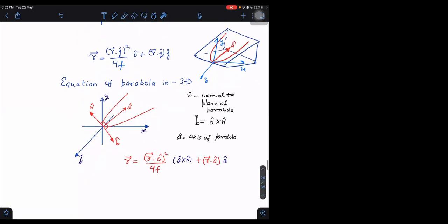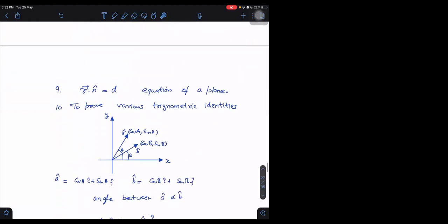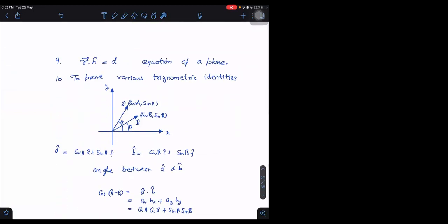So by this, I am able to write the equation of this parabola in 3 dimensions as well. Ninth, I'm taking the example r dot n cap is equal to d. This is the equation of a plane in 3 dimensions. Writing the equation of a plane is so simple. What is n cap representing here? n cap is the unit normal vector to the plane.